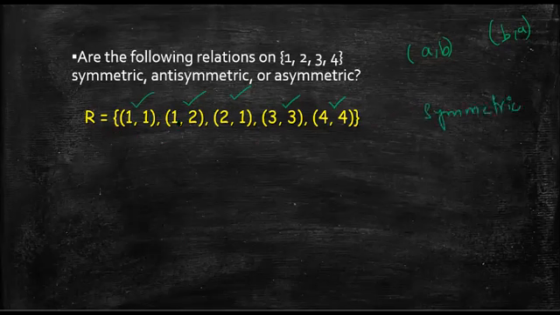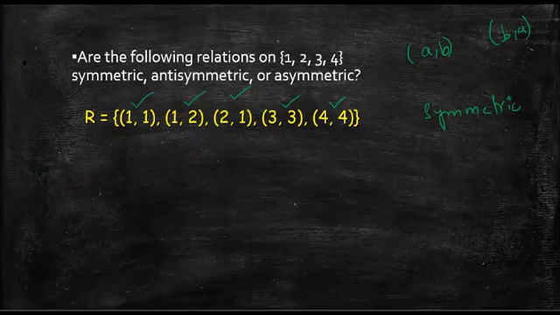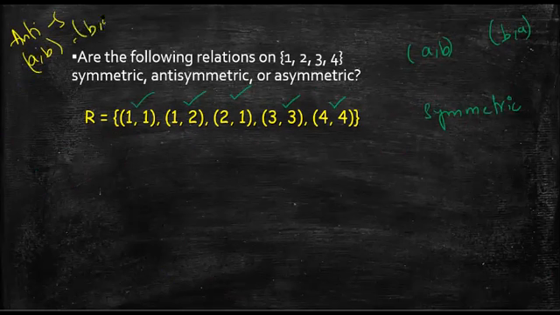Now, what about antisymmetric? In the case of antisymmetric, our condition is, let me mention it over here: if A, B and B, A both are in the set, then A is equal to B. Okay, let's verify that condition.